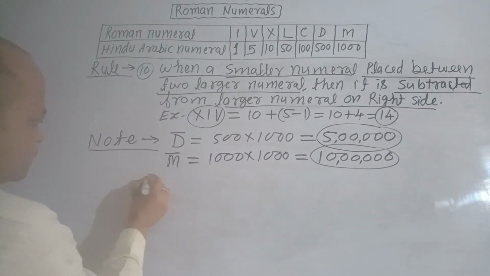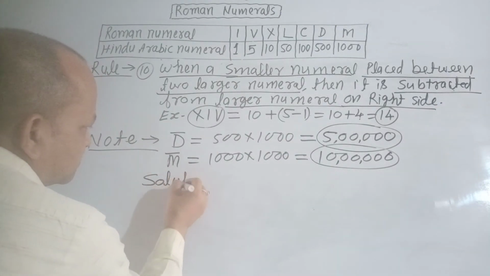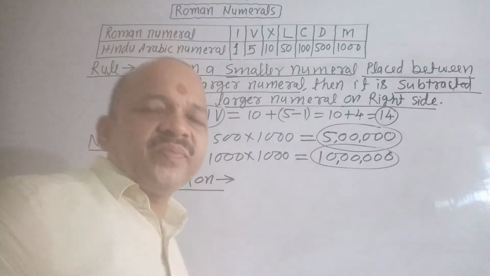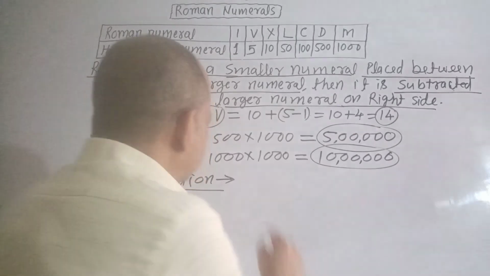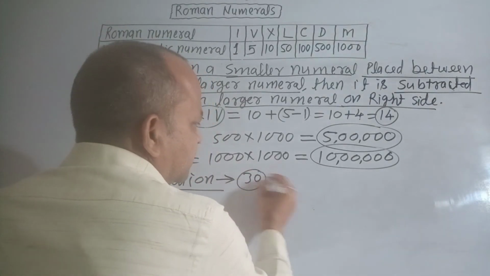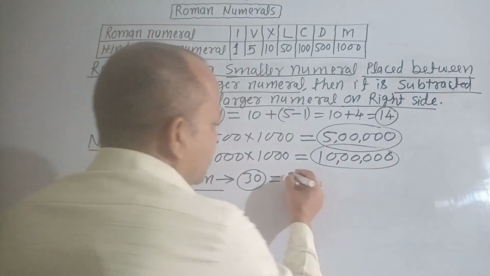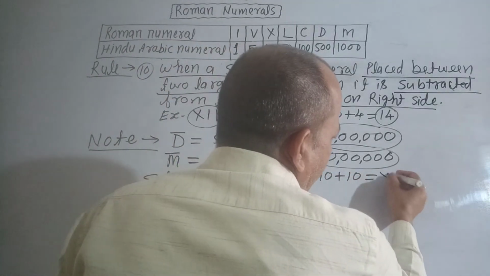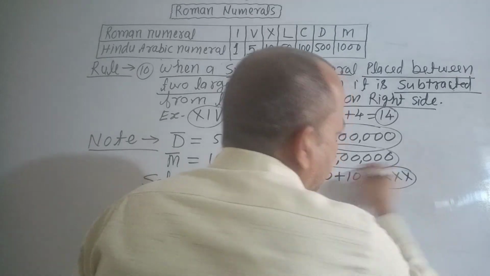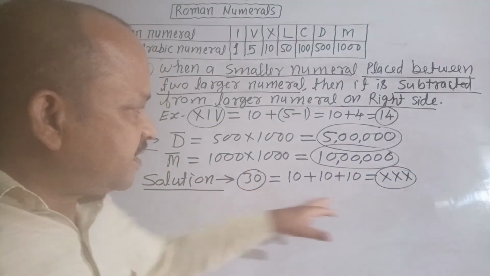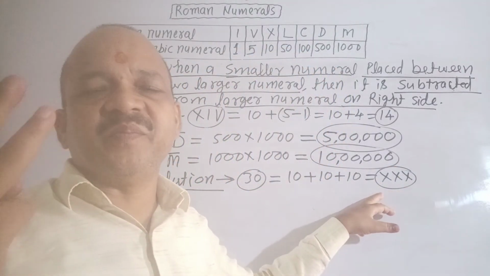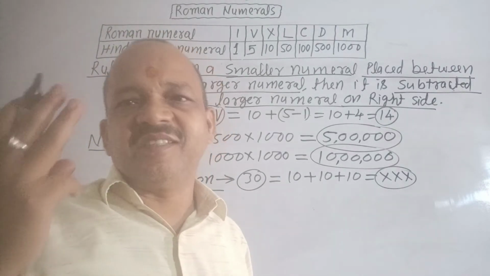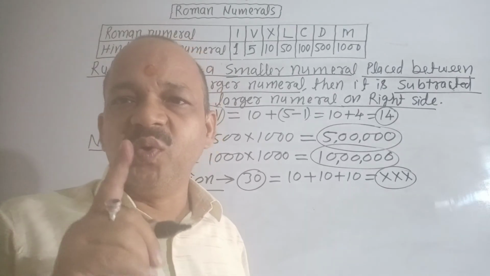solution. Thirty means 10 plus 10 plus 10 equal to XXX. Here repetition of X 3 times. You cannot repeat any symbol more than 3 times according to rule.